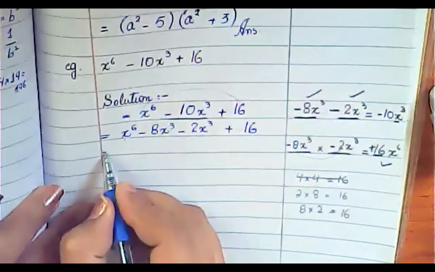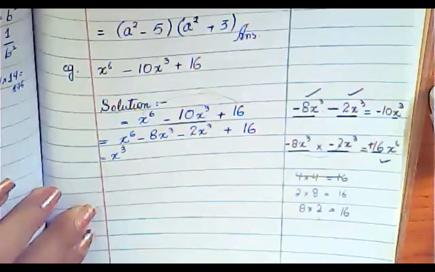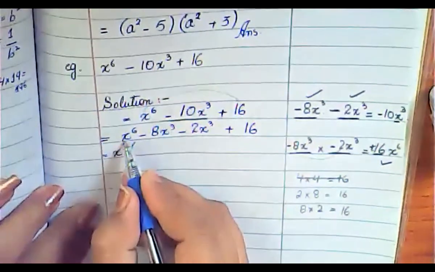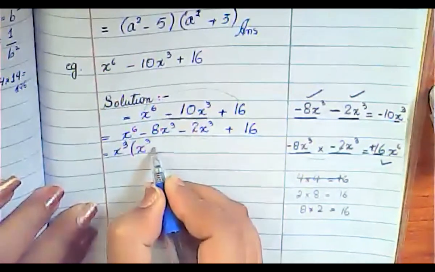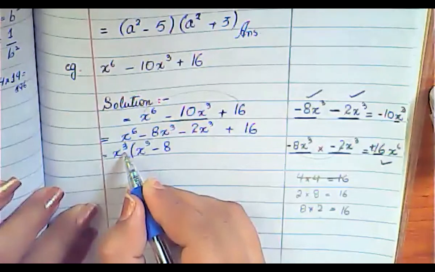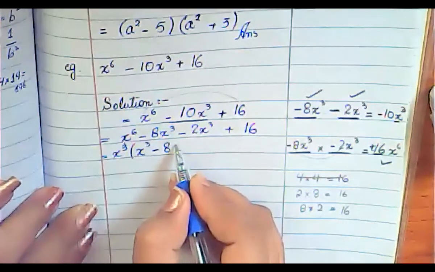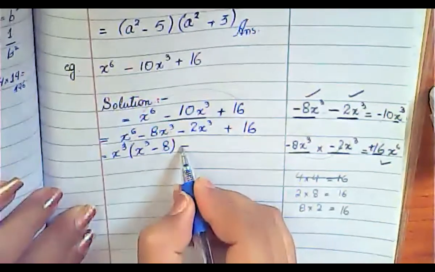So we will take x cube as a common term. Now after that, what will be left inside here? x cube is outside, so you will write here x cube minus 8, and simply we will close the bracket here. Next here you have the sign of minus.